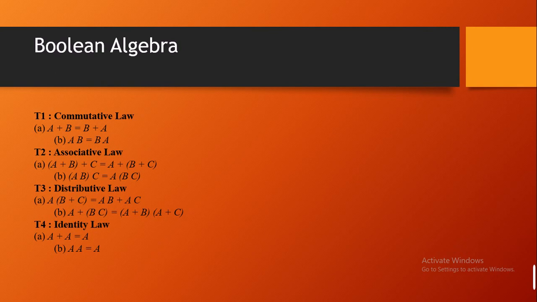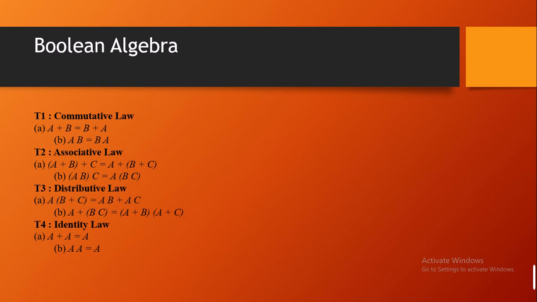Associative law is (a plus b) plus c, and we can change it to a plus (b plus c). You can see in the initial form the bracket is on a and b, but in the second form the brackets are from b to c; similarly for abc, the bracket goes from ab to bc.